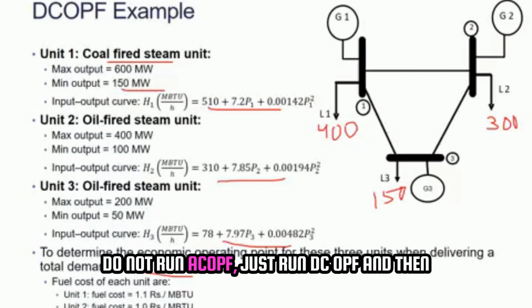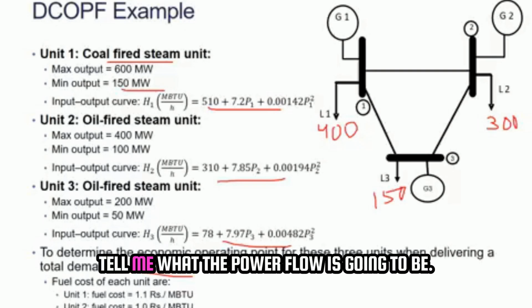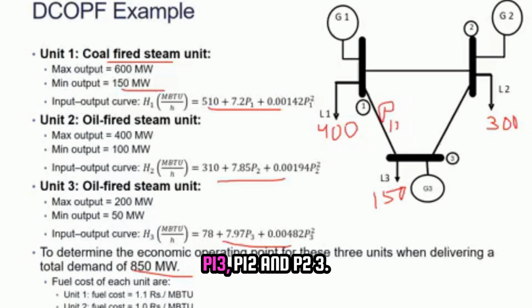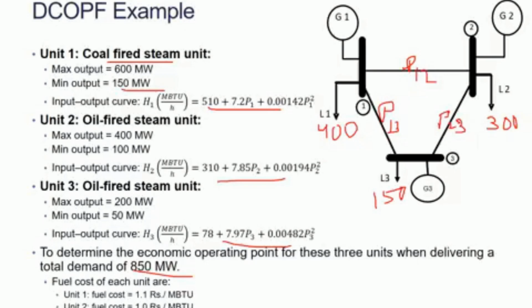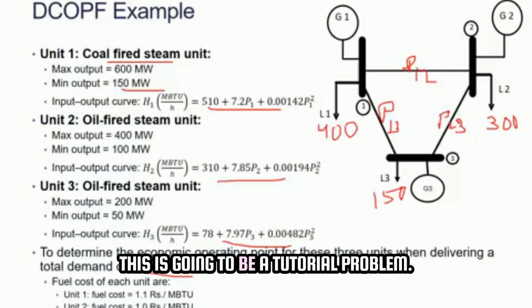Do not run AC OPF, just run DC OPF, and then tell me what the power flows are going to be: P13, P12 and P23. This is going to be a tutorial problem.